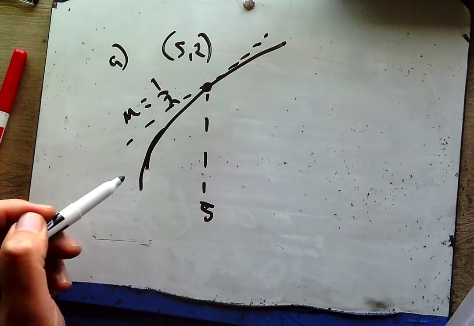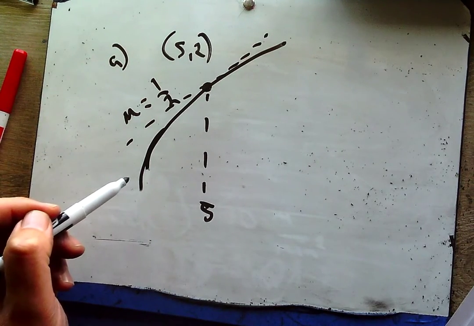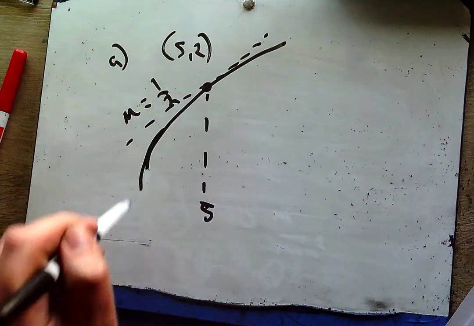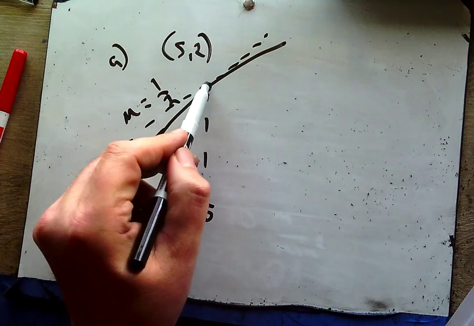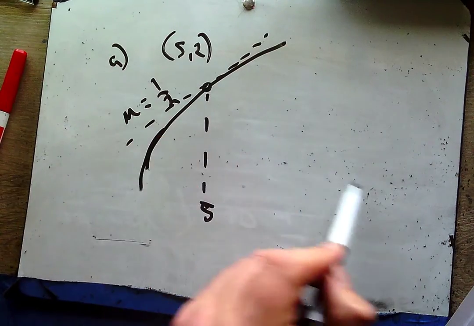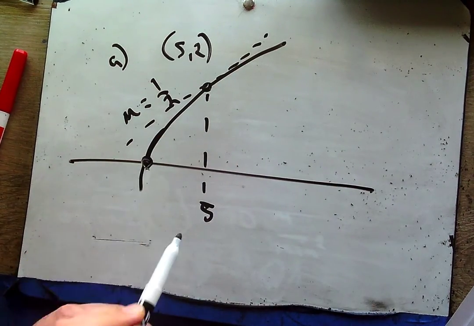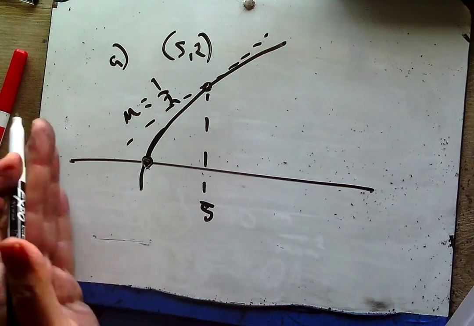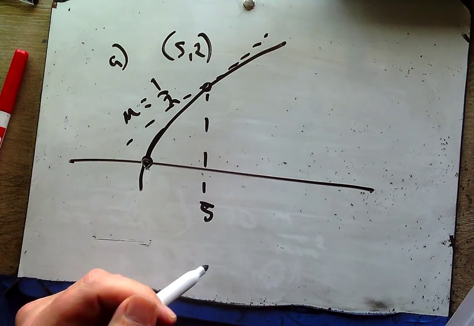Okay, there's part A. Part B, how many zeros does this have? Well, because this function is always increasing, and the y value here is 2, I can have at most one x-intercept, somewhere to the left of x equals 5. Okay, next thing.